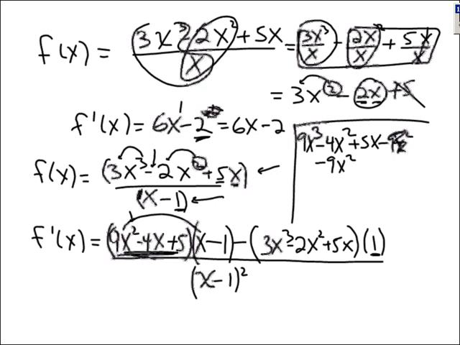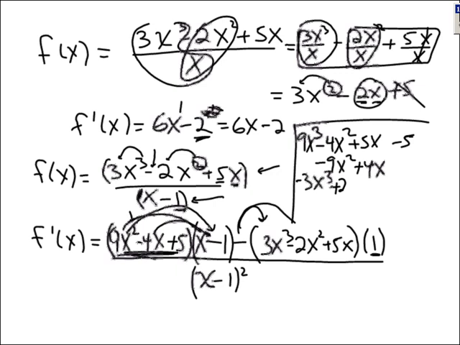I just did 9x squared times negative 1. Negative 4x times negative 1 is plus 4x. And then positive 5 times negative 1 is minus 5. And then we take away 3x cubed, and we take away negative 2x squared. That is, we add 2x squared, and then we take away 5x.